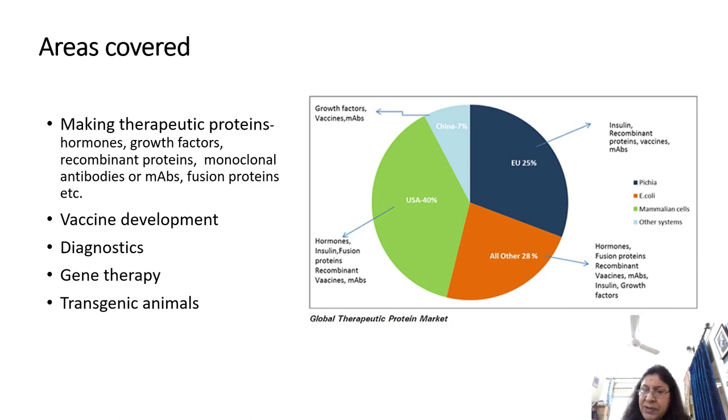So in other words, 53% of the current recombinant therapeutics are being produced in large numbers in both E. coli as well as in Pichia pastoris.